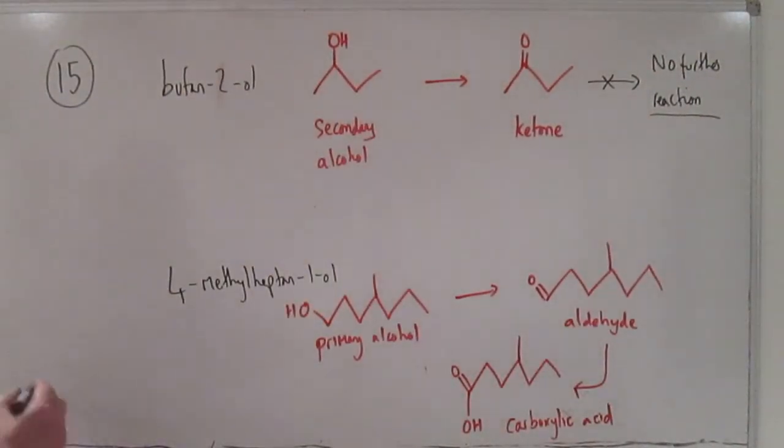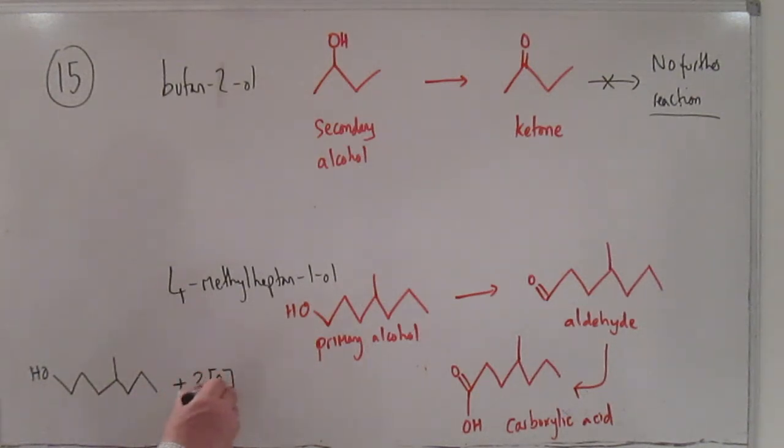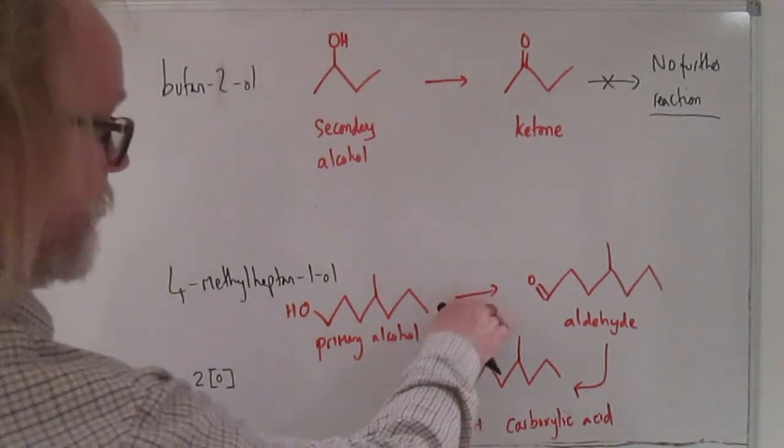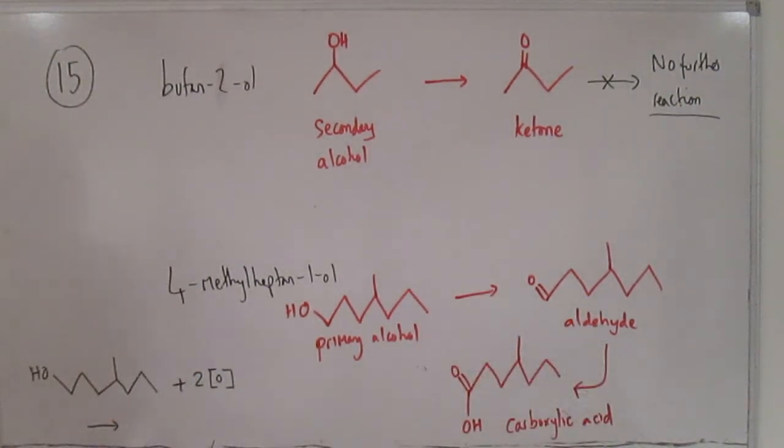So if we put down our primary alcohol like that, it's going to have to react this time with 2 moles of oxidizing agent. Okay, because you need a mole of oxidizing agent for each of these steps, so 2 moles altogether. So that gives you your carboxylic acid product, which is this.